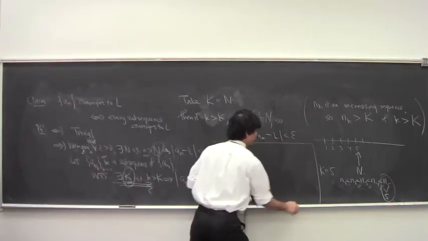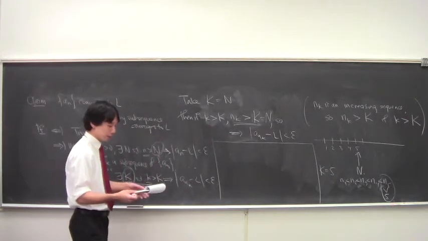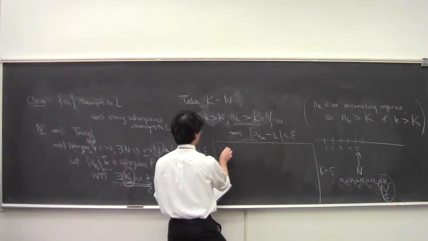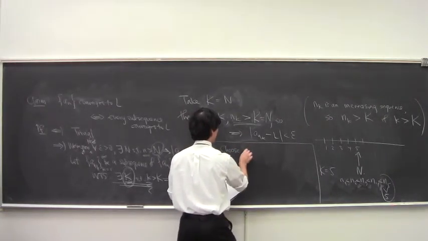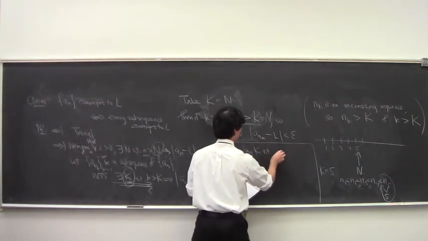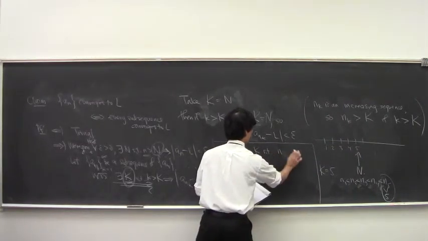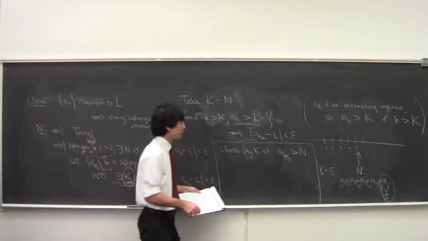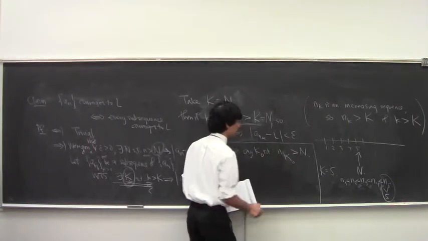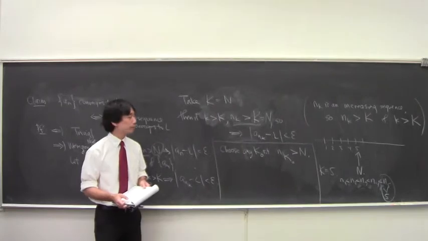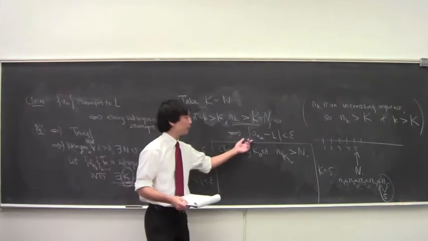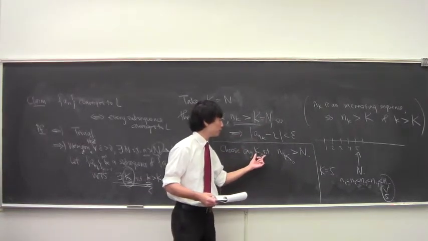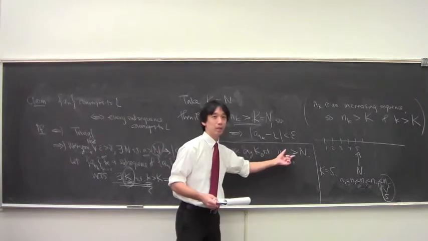You could do it a slightly different way. I don't know if this will be clear or less clear, but you could go like this. Choose any k naught such that n sub k naught is bigger than n. It may be that your subsequence's indices are jumping very fast. Okay, well, just choose any one where n sub k naught is bigger than n.